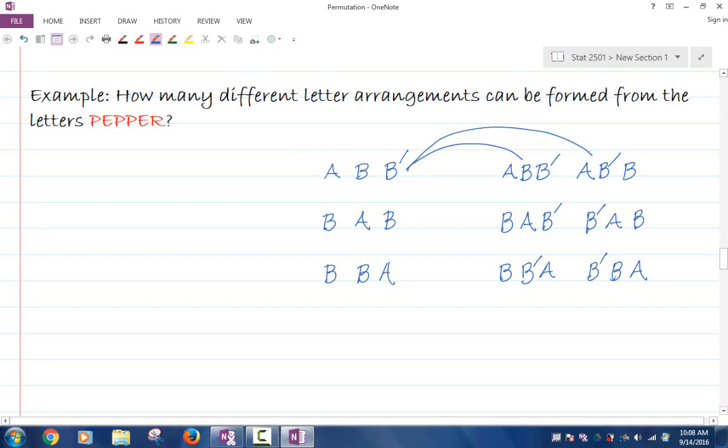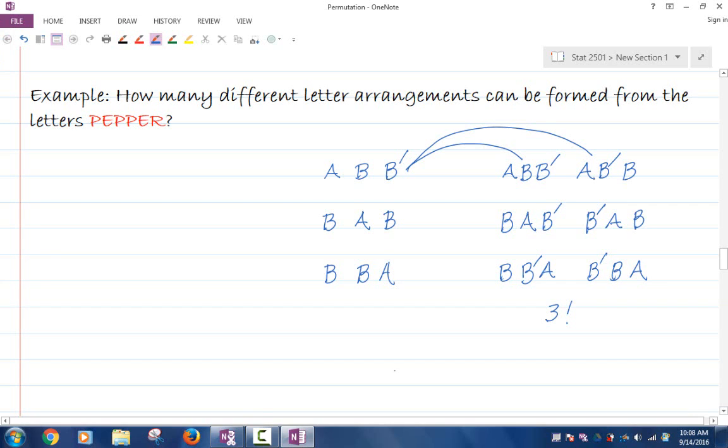So how am I getting 3 out of 6? Well, there are 3 factorial permutations here. And if you think about the B's, how many ways can I permute just the B's among themselves?